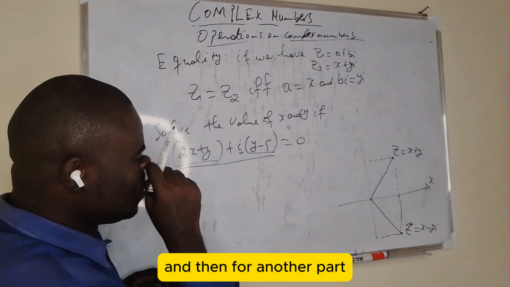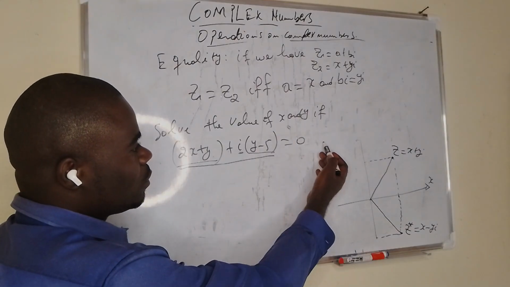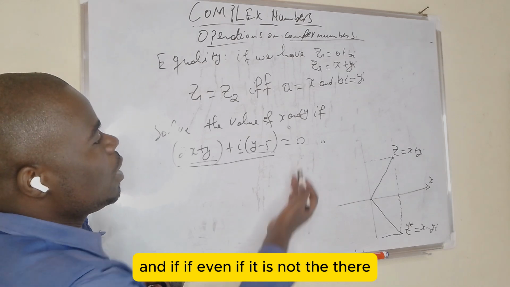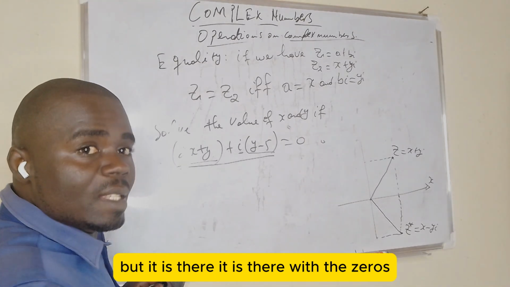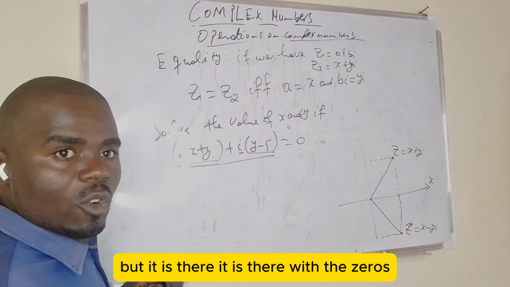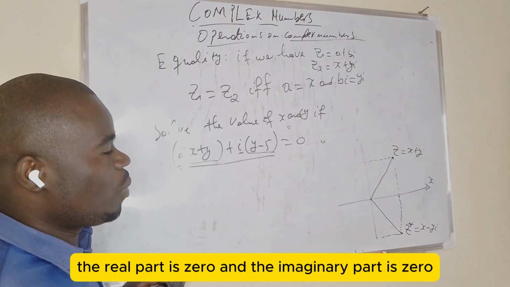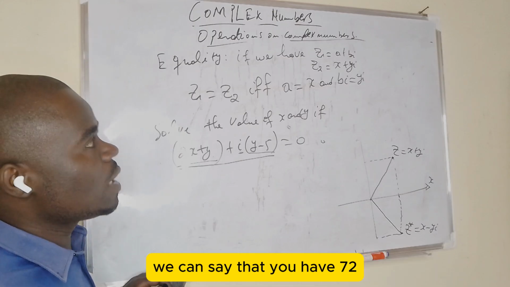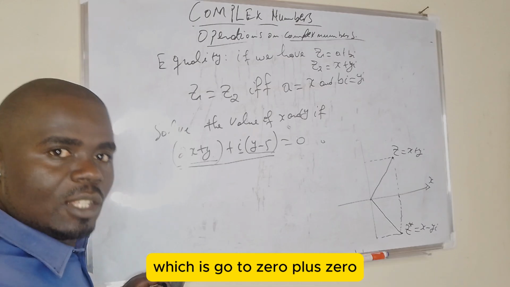For the right side, we don't have a set z written, but it is there with zeros. The real part is 0, and the imaginary part is 0. We can say that we have a set z2 which is equal to 0 plus 0i.